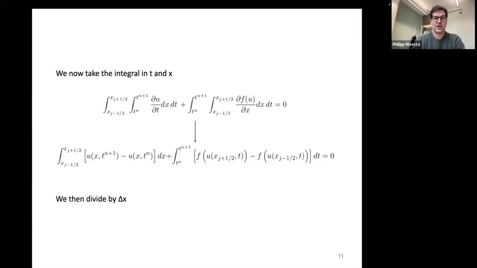We can now look at how we find the solutions at the equation level. Here we integrate in time and in space to get the solution. We've just applied the integrals in t and x to the equation that we had chosen. So you still see the du by dt and the df(u) by dx and the relevant integrals.